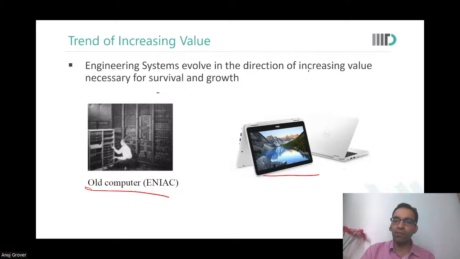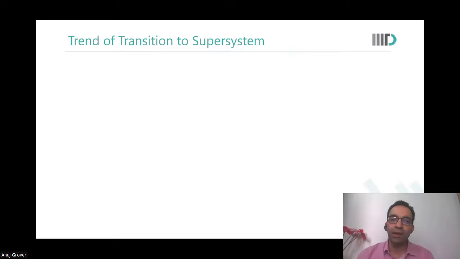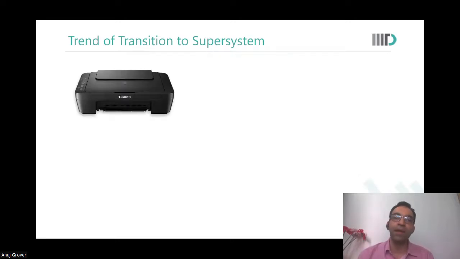And today you have computers like this, with a completely new value proposition you are giving. I'm able to mark this on the screen of my computer. वहाँ पे हम punch cards के through computer को feedback inputs दिया करते थे. यहाँ पे I'm able to actually put something on the screen of the computer. The computer can actually take many different shapes. So the value has increased over time. Trend of transition to super system.